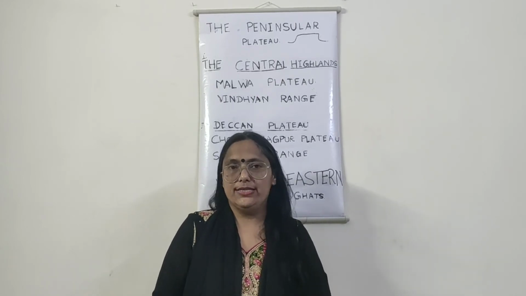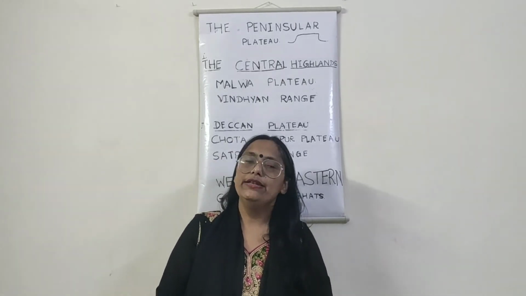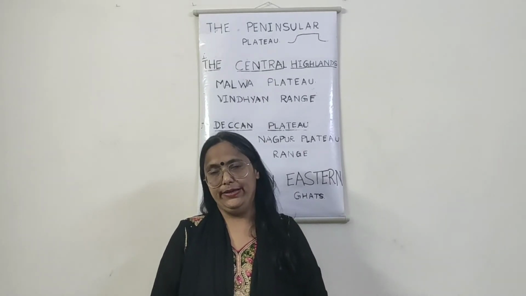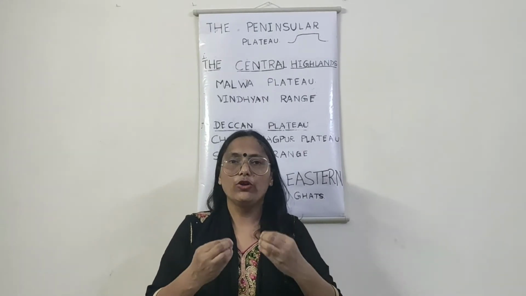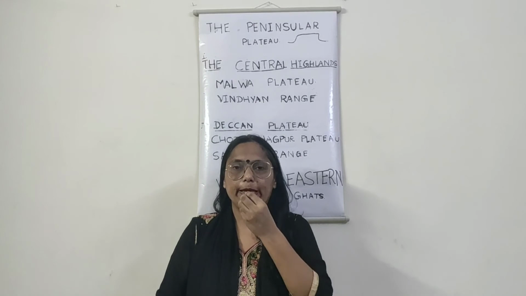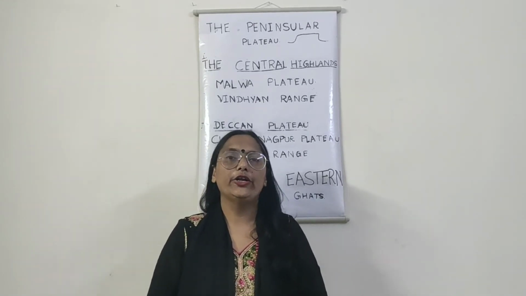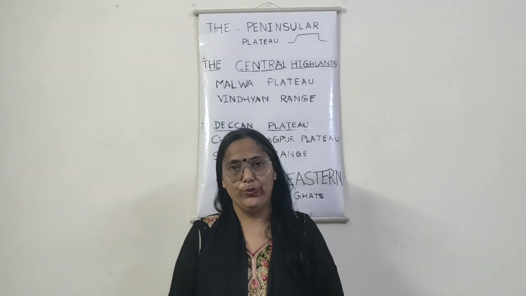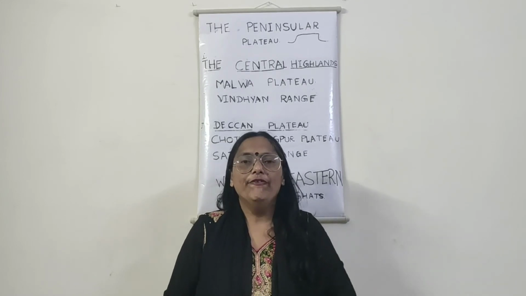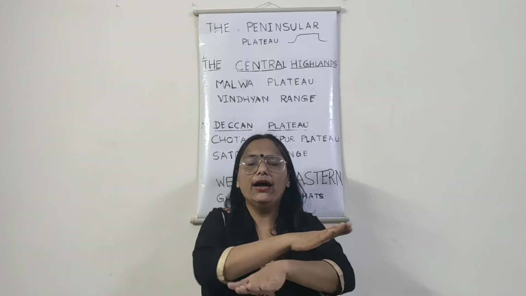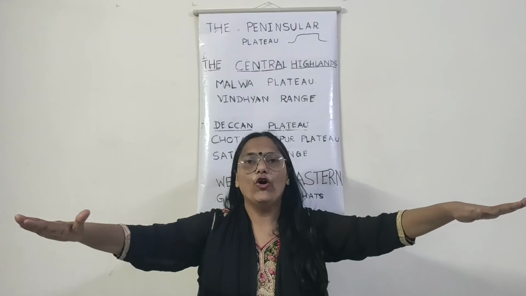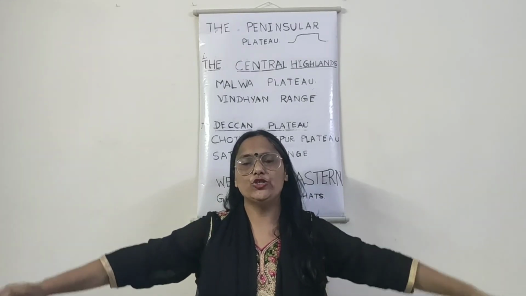Now I will come to the next topic, the desert area. Just giving a brief so that I can continue with this topic tomorrow. A desert is a plain area spread over a vast extensive piece of land.